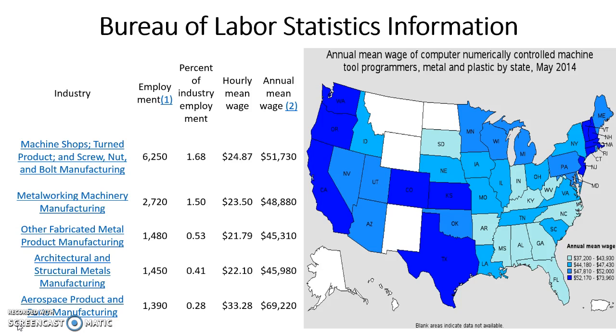The map on the right shows that pretty much all the U.S. has machining jobs available. South Carolina is in the second string, according to this map, but it's going to get better because we have Boeing here now. PTR has just come to the area, which manufactures rifles, and a lot of other machining manufacturers are moving to South Carolina.